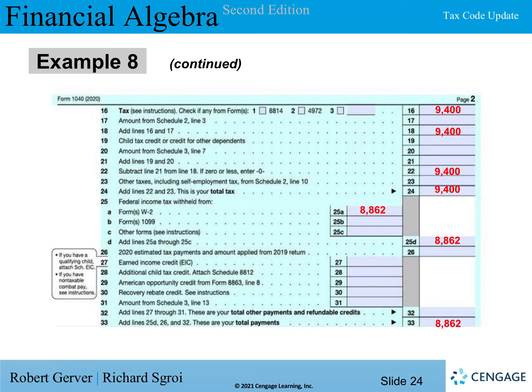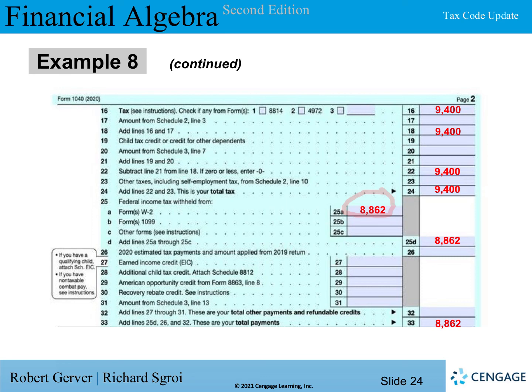And if we go back to the Form 1040, we see that we can put down on line 25A, it says Form W-2. So that means how much was withheld from their paychecks. And there's our $8,862. Notice we do round it off to the nearest dollar. When you're filling out taxes, you can do that.